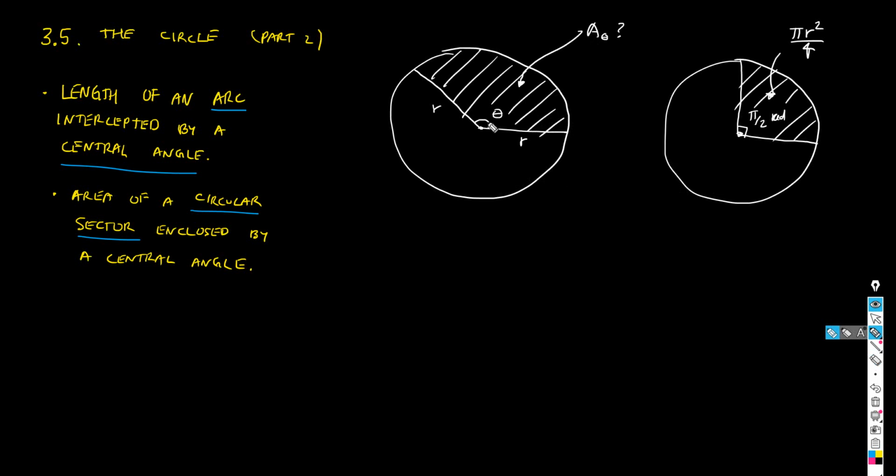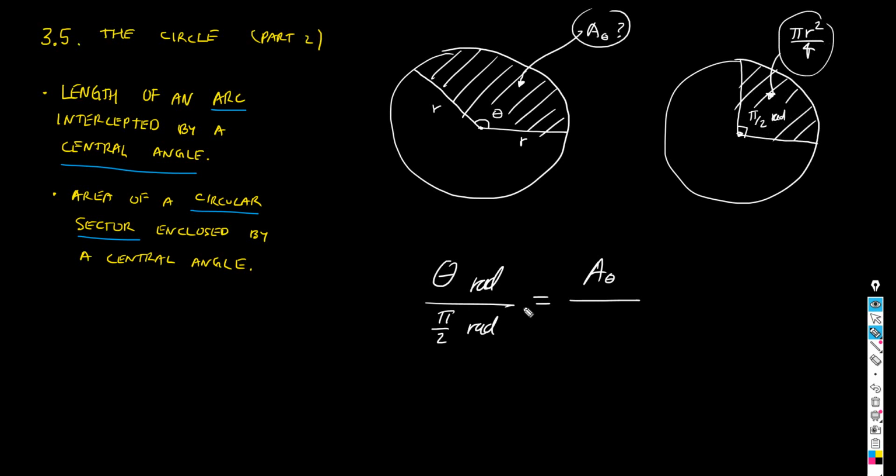The ratio of this central angle to this central angle, theta radians over pi over 2 radians, has to be equal to the ratio of this particular area, A sub theta, over the area of this quarter of a circle, which is pi r squared over 4.